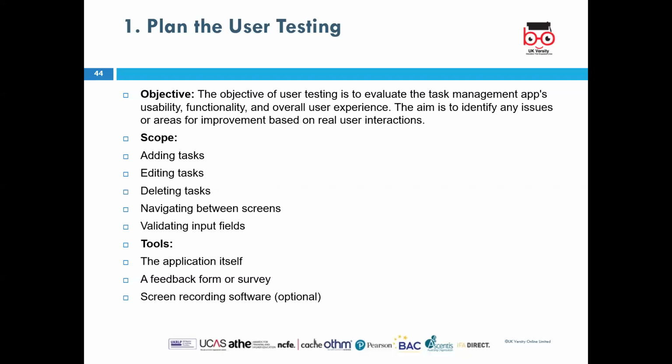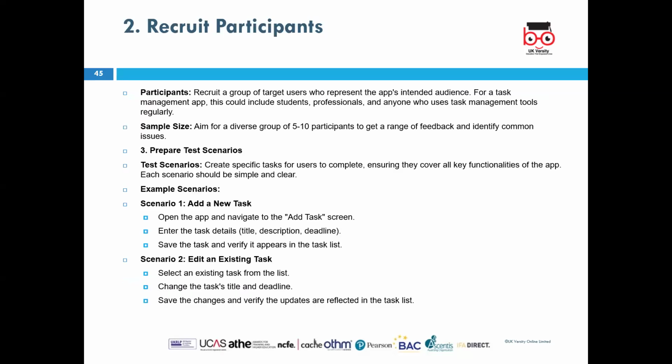So what are the tools that are going to be used? The application itself, a feedback form or survey, and screen recording software. Also, we have to recruit participants. So we have to recruit a group of target users who represent the app's intended audience.